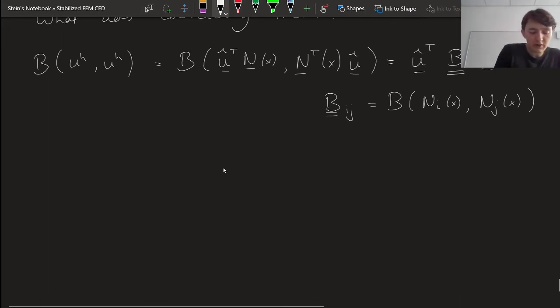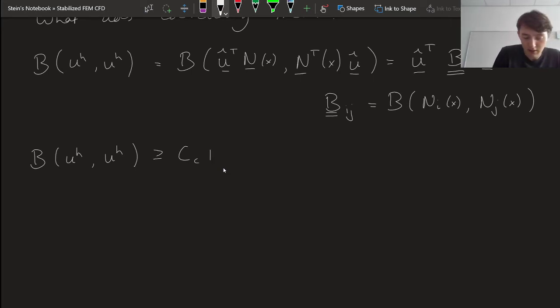So what does this definition of coercivity effectively mean? We have B(u_h, u_h) is going to be larger than or equal to C_c times the norm of u_h squared.